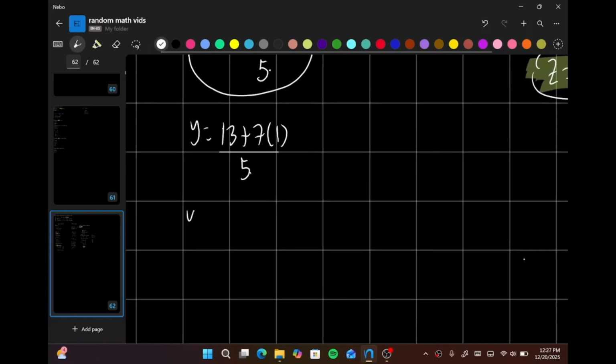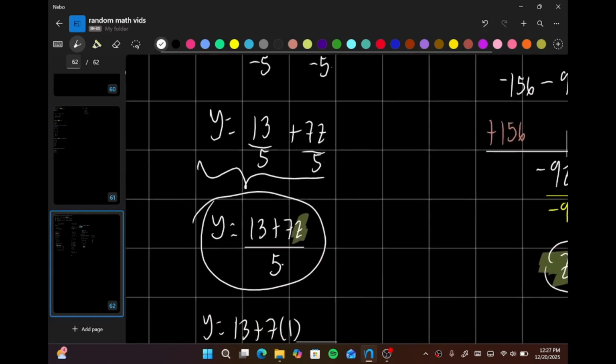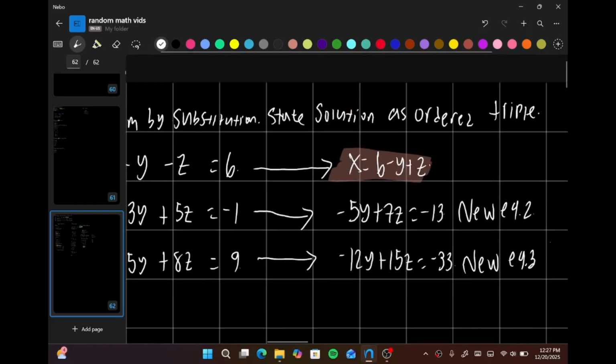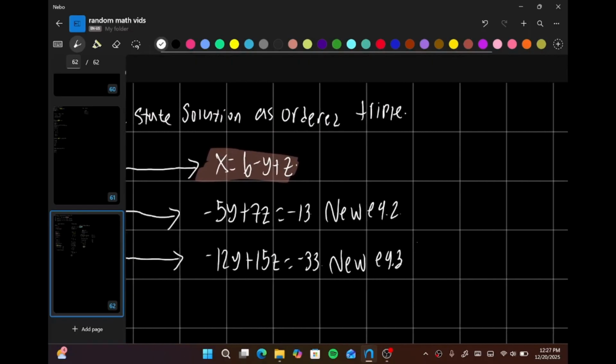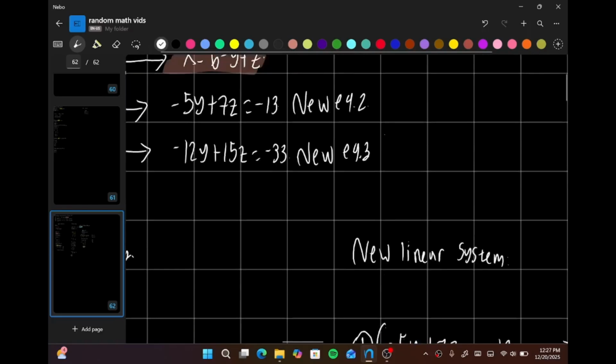It's going to be y equals 13 plus 7 all over 5, which is equal to 20 over 5, which is equal to 4. So y equals 4. And now finally, we're going to go back to the beginning of the equation where we solved for x in terms of y and z. So x equals 6 minus y plus z.